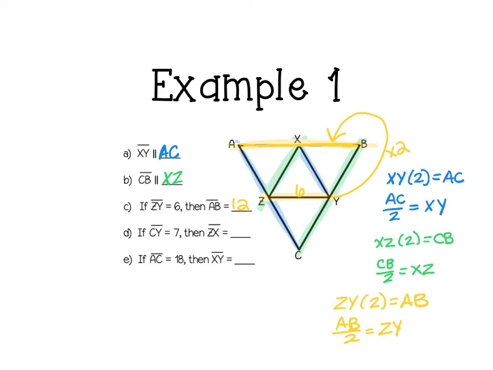Now for D, CY is 7, right? If this side is 7, then this also has to be 7. And it's asking me for ZX. ZX is going to be half of CB, so ZX is going to be equal to CY, so that also will be 7.